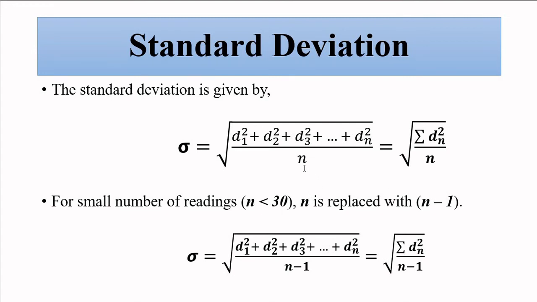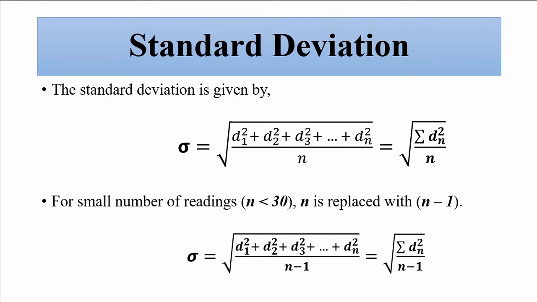Generally, when the number of readings is less than 30 or less than 20, in some cases you will find it written as 20, in some cases as 30, the formula is written as the squares of the individual deviations divided by n minus 1, then the square root of that value.